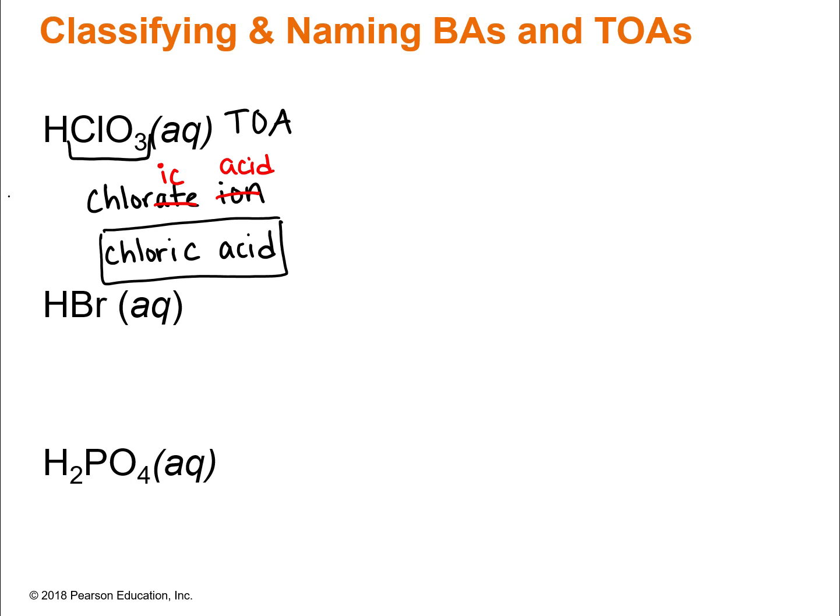Classify the second one for me. Binary acid or ternary oxyacid? It's a binary acid. This should be a 3 here.